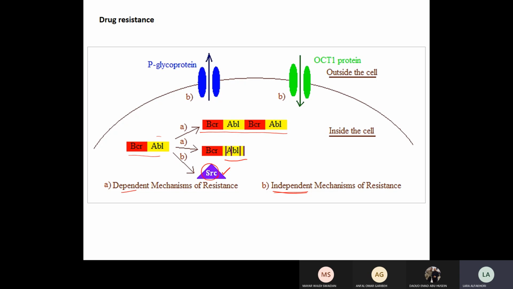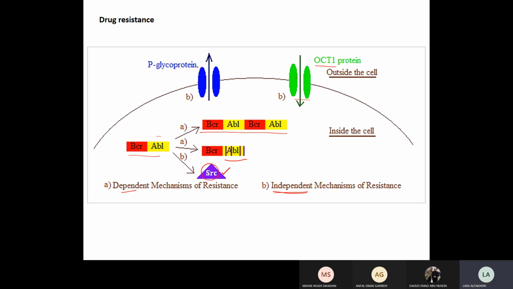Now for imatinib in particular, for this drug to enter cancerous cells, it is actively transported via the OCT1 protein. Cancerous cells may mutate those proteins so that the binding affinity of those proteins to imatinib would be less, meaning less of the drug will be transported inside the cells.